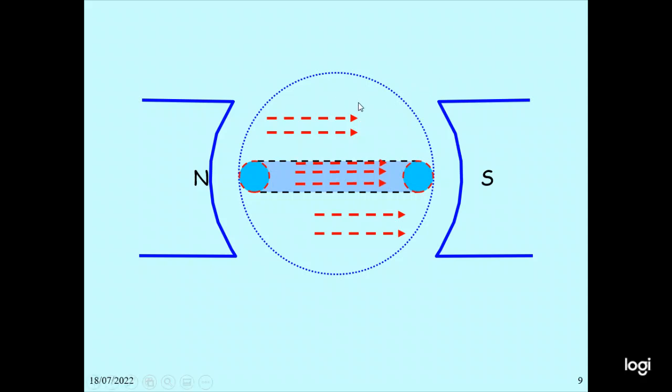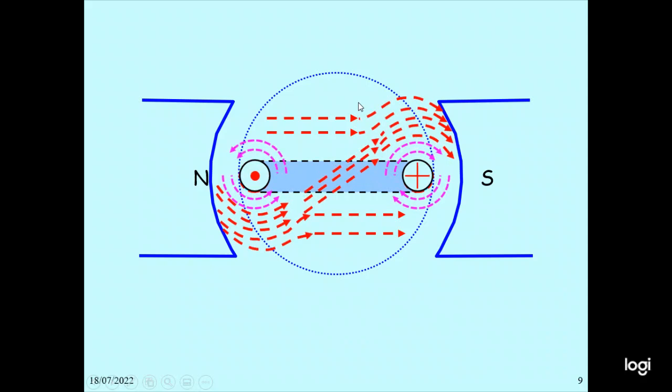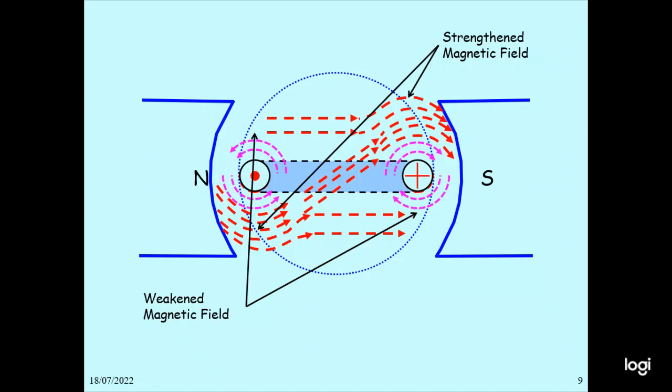In this case, this is for the north pole and south pole, where the magnetic flux lines are flowing. The conductor moves like this, and the current flows like this. There can be a weaker magnetic field and a stronger magnetic field, and then the force is produced. So this is the magnetic field direction, and also the current flow in the conductor. You can see the weaker and the stronger magnetic field, and the motor will be rotating in this direction.